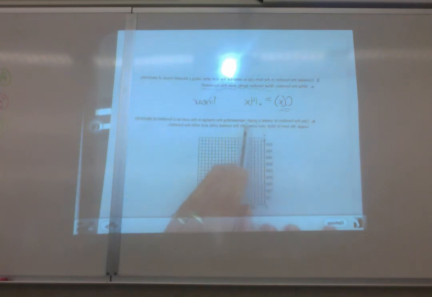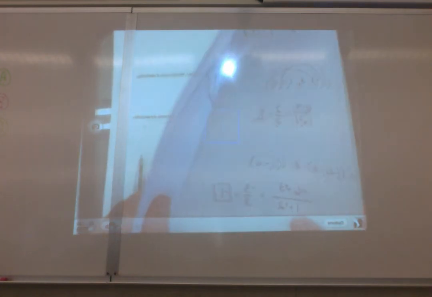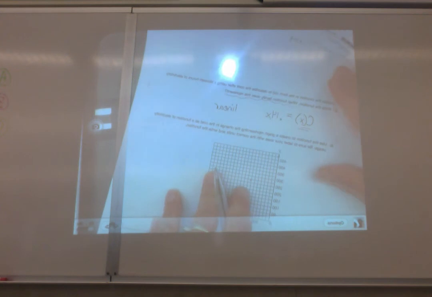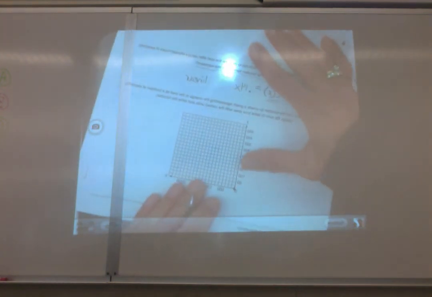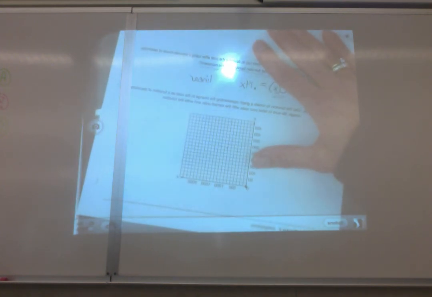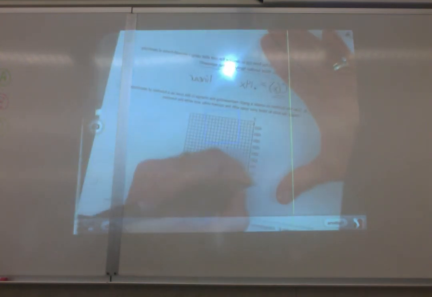Use the function to create a graph representing the change in the cost as a function. Okay, so I'm going to have to flip back and forth a little bit. Oh, no I don't, they're facing pages. So at 0, 0, we have a dot. At 1,000, we're at 140. Now, maybe we should label our axes.